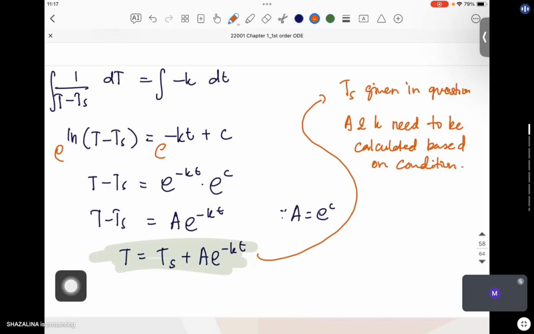Since we have two constants, we need two conditions.